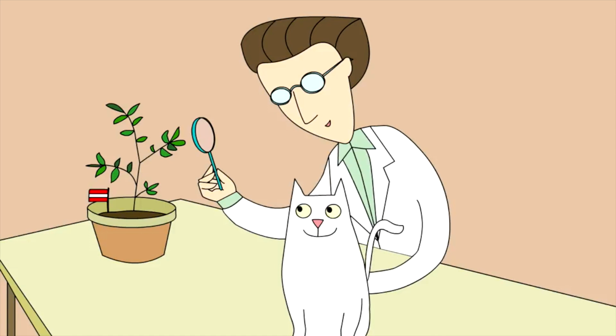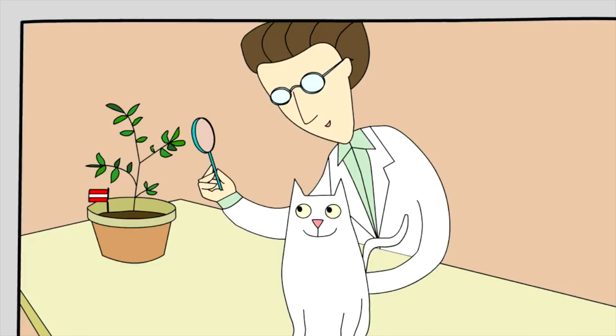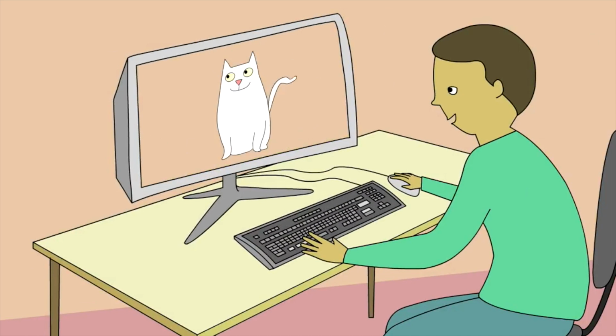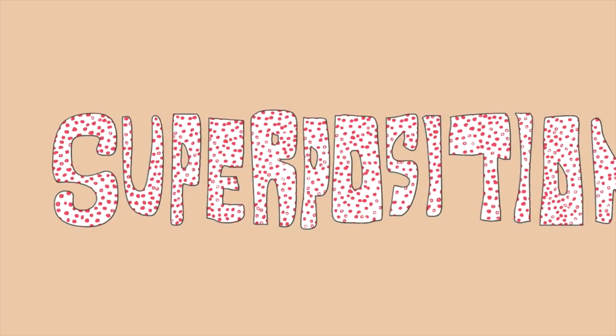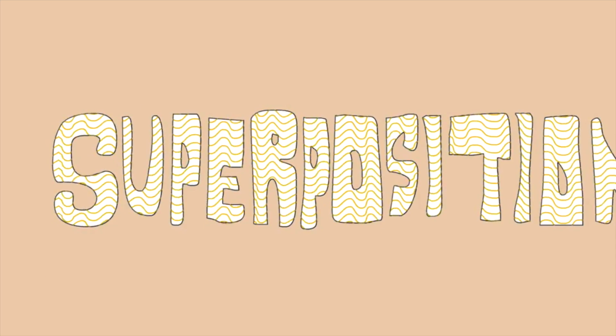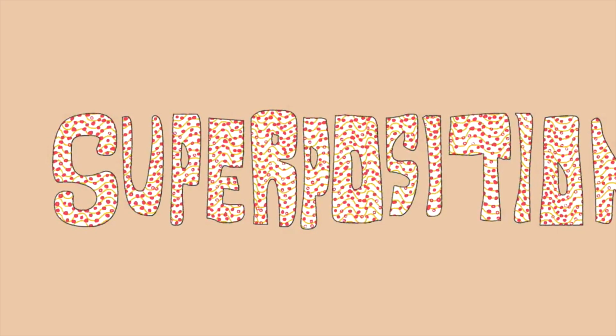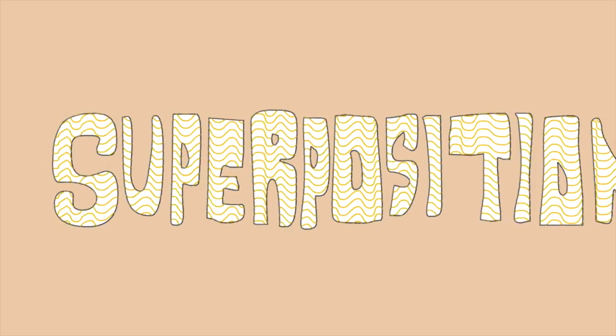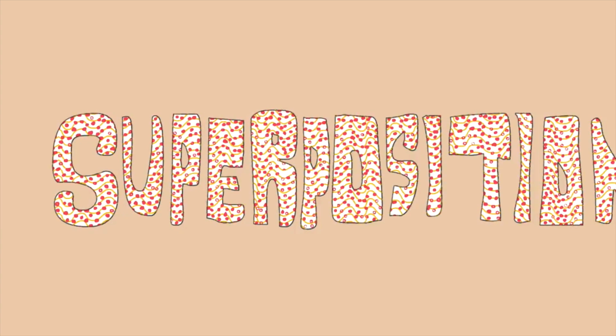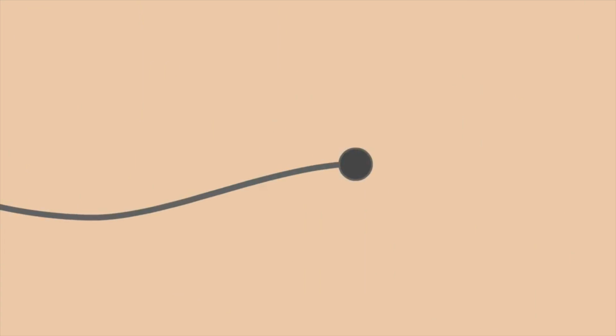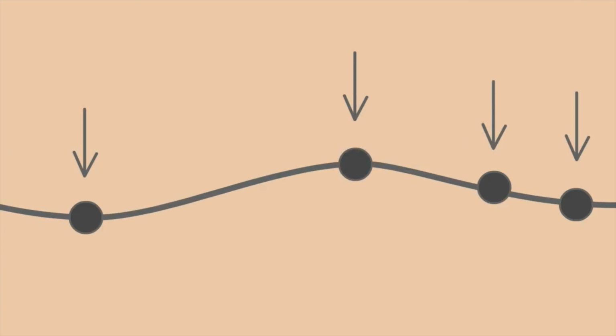Seeing though, Schrodinger's cat is very real. In fact, it's essential. If it weren't possible for quantum objects to be in 2 states at once, the computer you're using to watch this video couldn't exist. The quantum phenomenon of superposition is a consequence of the dual particle and wave nature of everything.